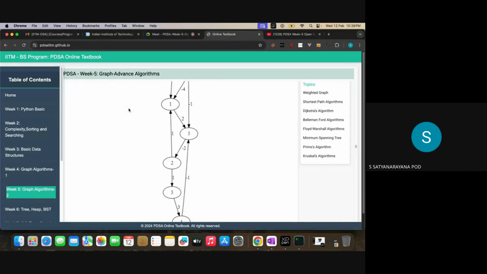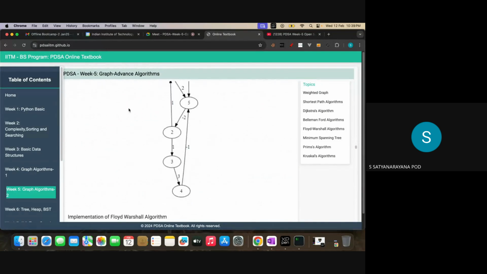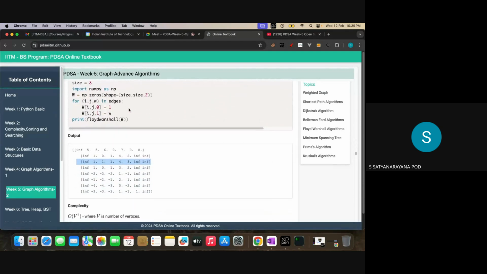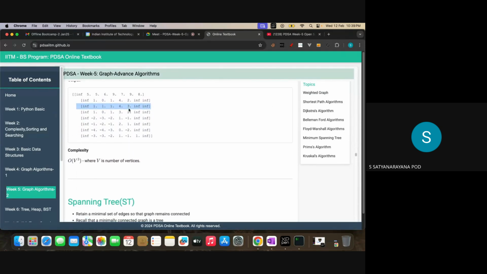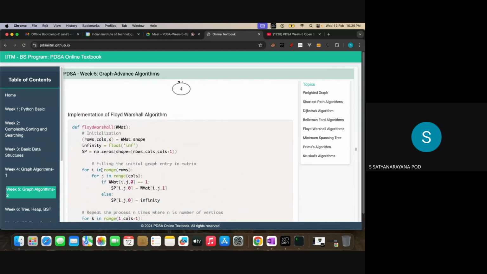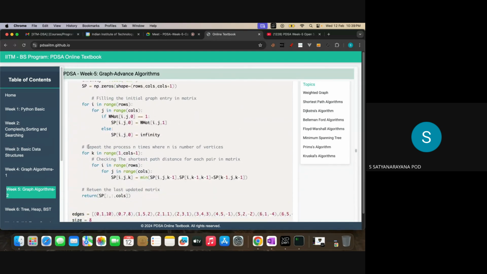So please look here, whenever we are applying this multi-source Floyd Warshall, even if you are using an adjacency matrix or adjacency list, definitely the complexity is that of n cube only. The reason is that we are using three loops: the first loop to maintain the versions, the second is source, the third is destination.